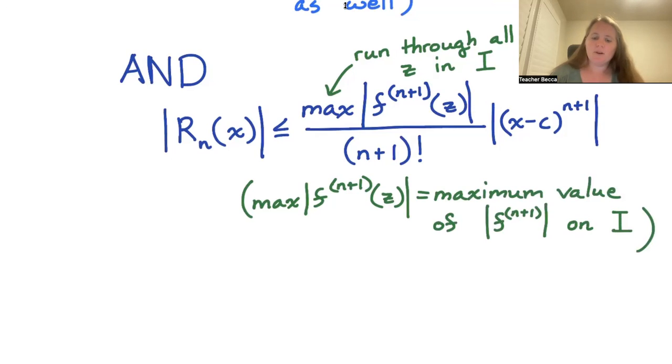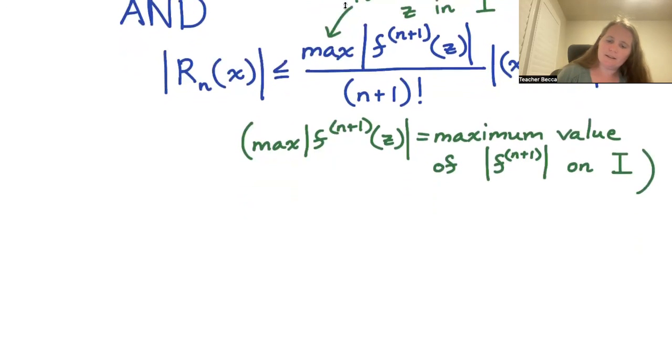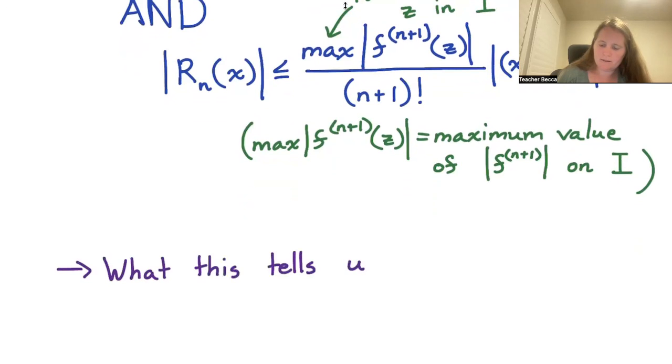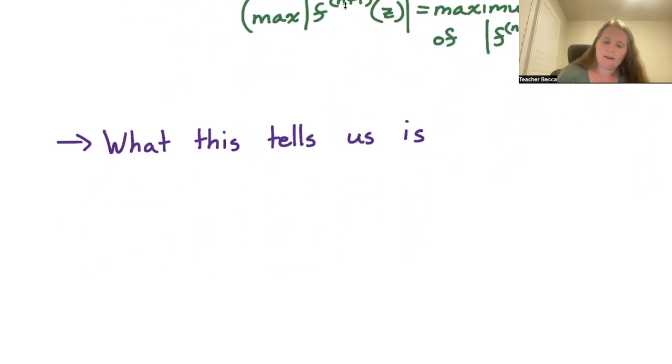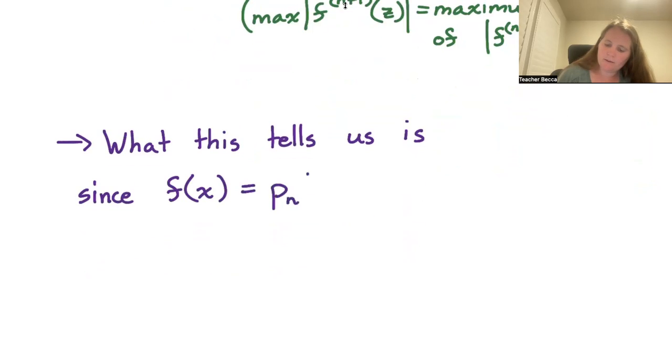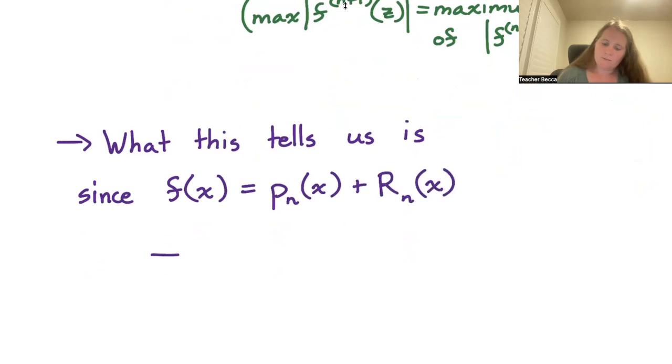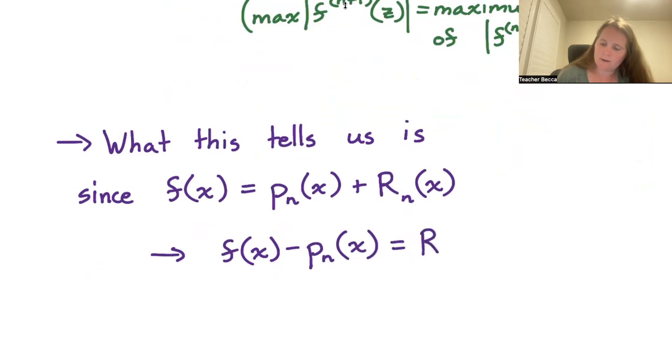It's kind of odd, but essentially what this tells us is that since f of x is equal to p sub n of x plus r sub n of x, this means that f of x minus P sub n of x is R sub n of x.